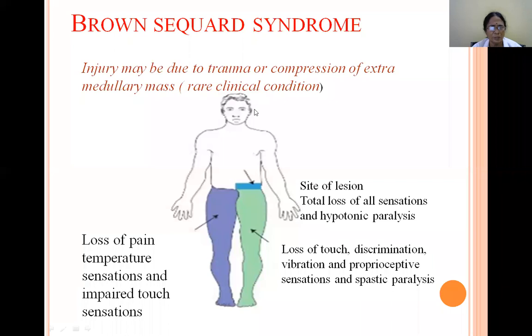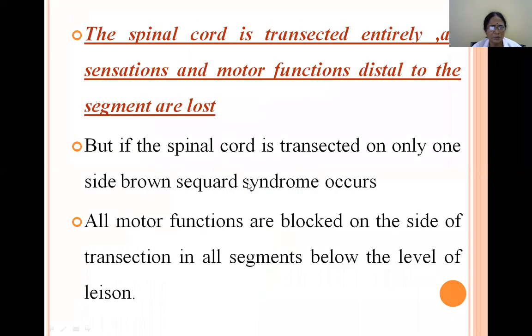Then, what is Brown-Sequard syndrome? If the spinal cord is transected entirely, all motor and sensory functions related to those segments are lost.